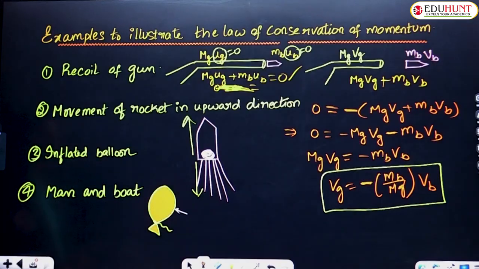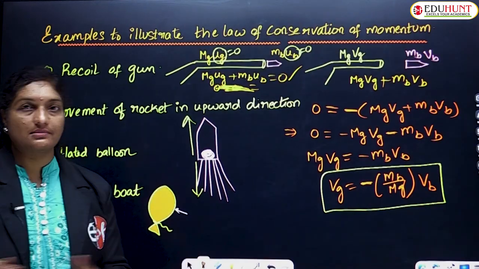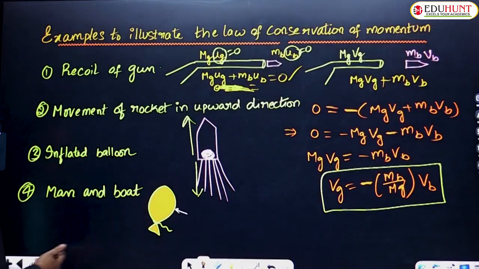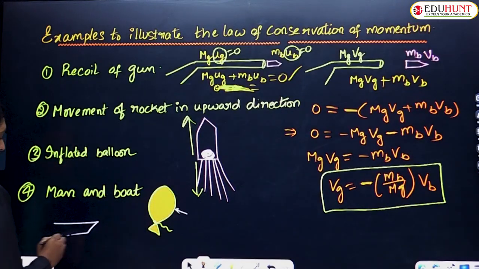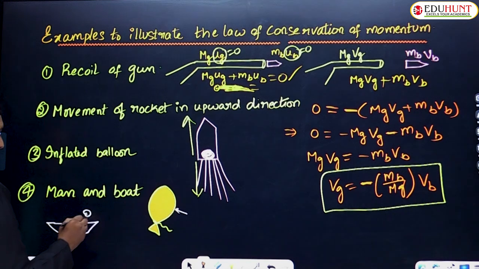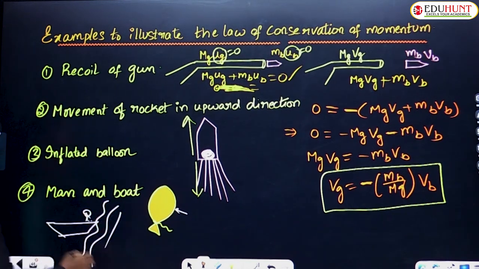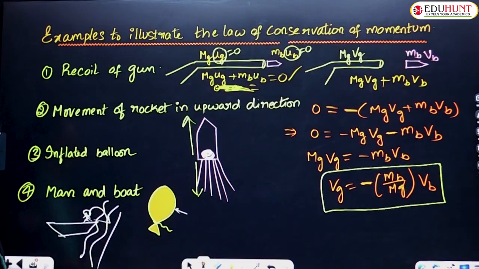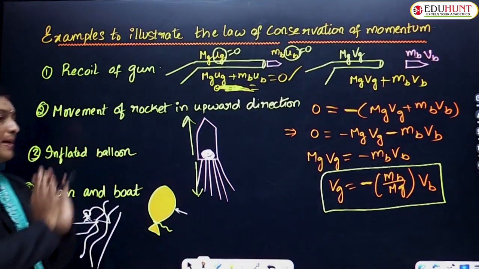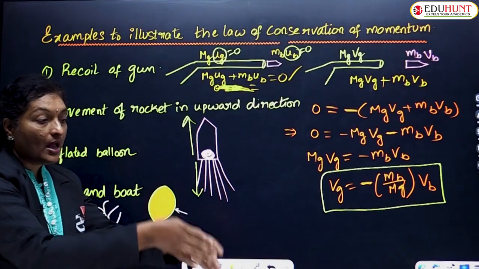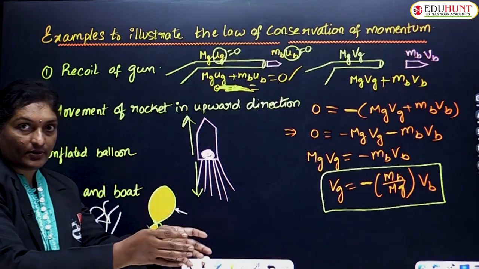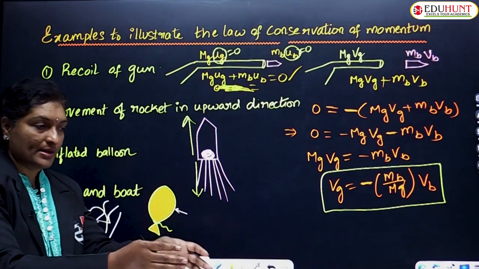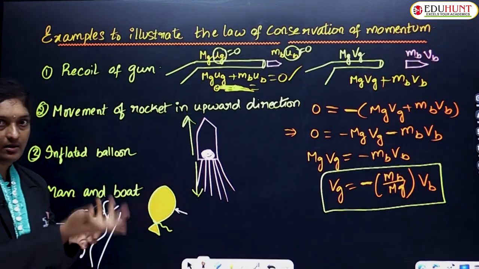And one more example, children, if you observe the man and the boat. Whenever the boat has reached the bank of a river, and a man inside the boat jumps out of the boat, then according to the law of conservation of momentum, for every action there is an equal and opposite reaction, Newton's third law.